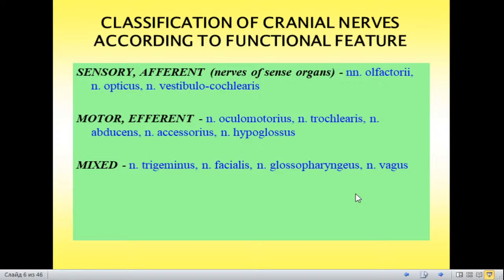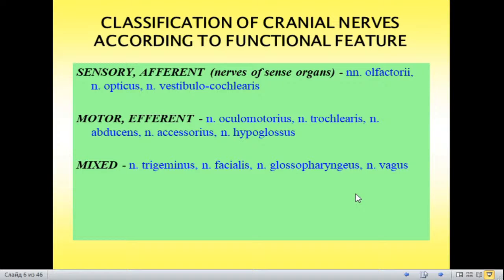Let me draw your attention to the oculomotor nerve. In some textbooks it is described as a mixed nerve due to the presence of motor and parasympathetic fibers. Actually, the nature of these two fibers is the same. They are efferent. They send impulses from center to effector.